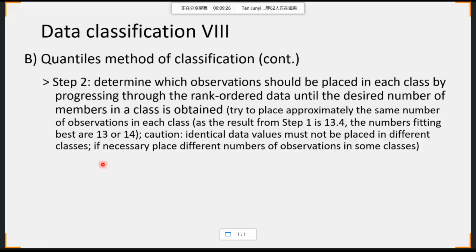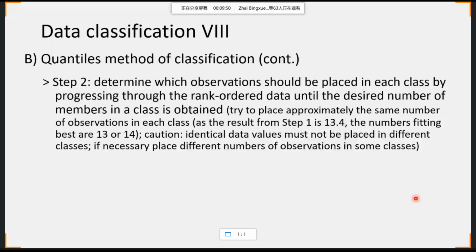As the result from step 1 is 13.4, the numbers fitting best are 13 or 14. But caution, identical data values must not be placed in different classes. If necessary, place different numbers of observations in some classes.